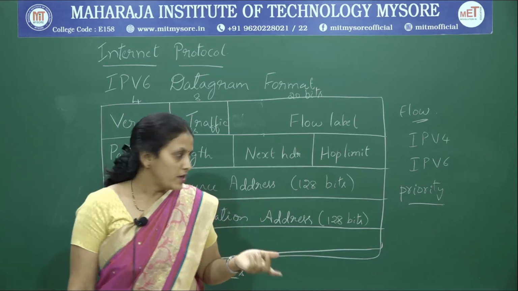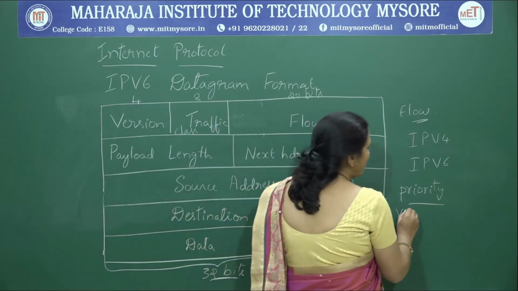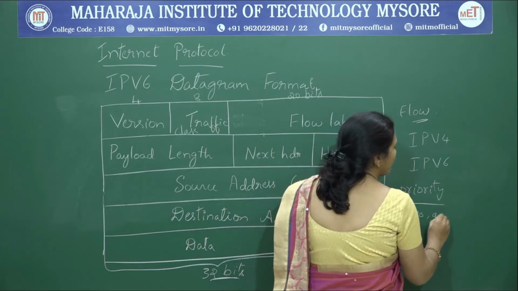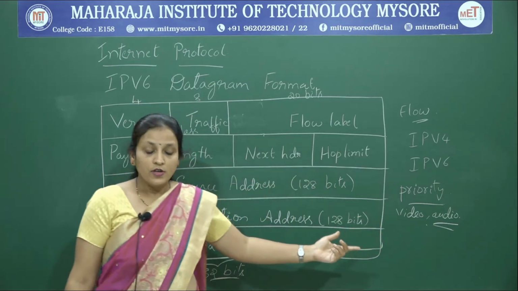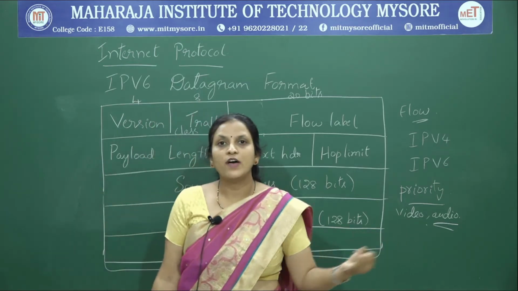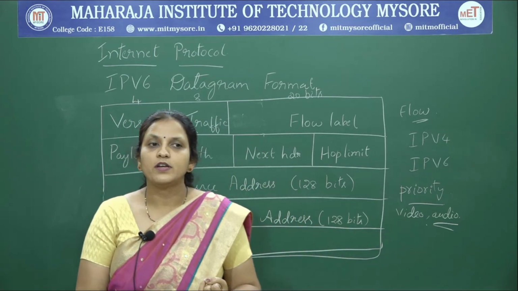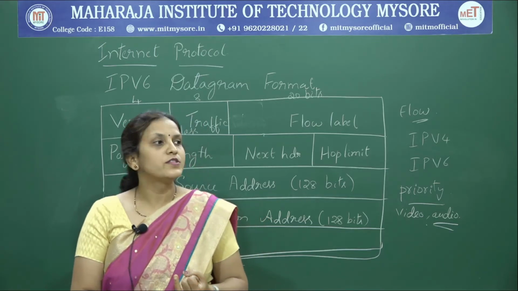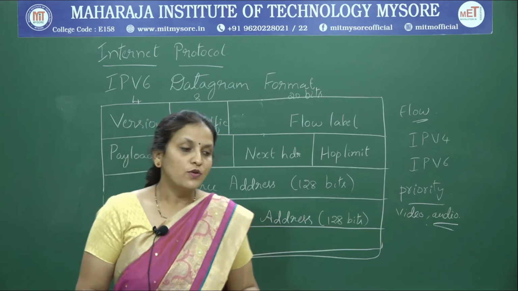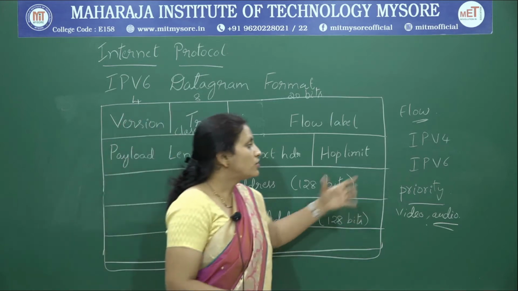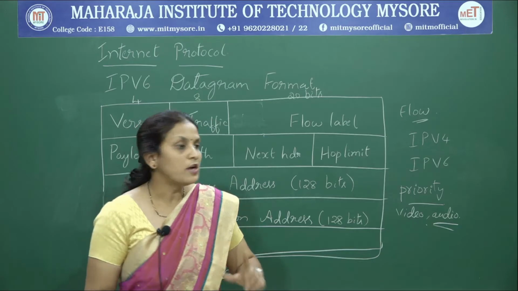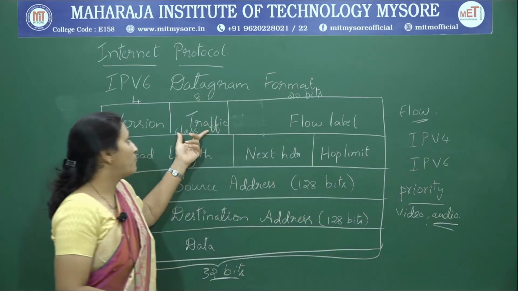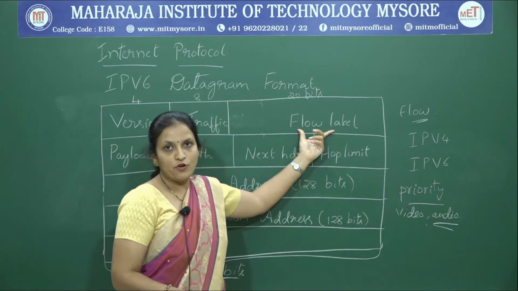For example, we can consider video and audio streaming as a flow, whereas traditional file transfer protocols might not be considered a flow. So the datagrams which belong to different applications might have different priorities, and that priority can be set in the traffic class based on this flow label.